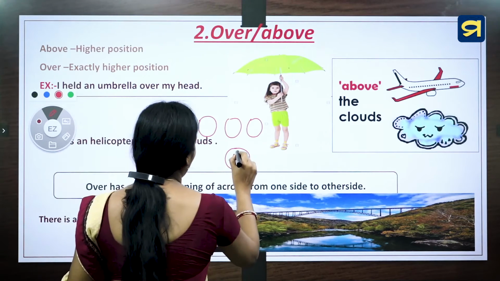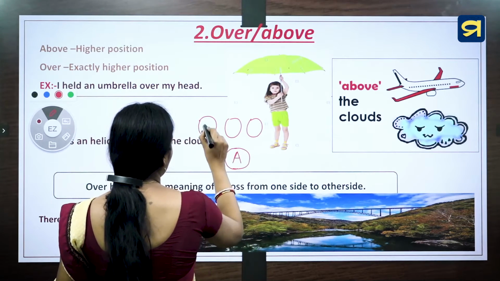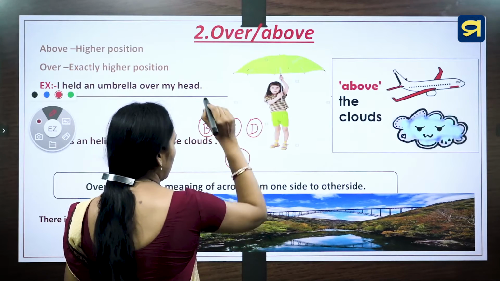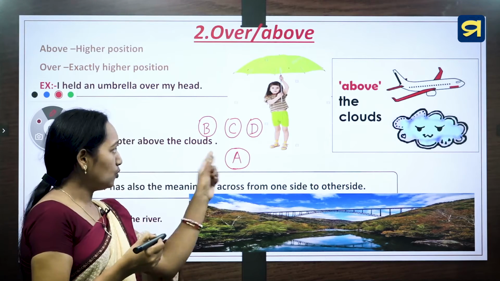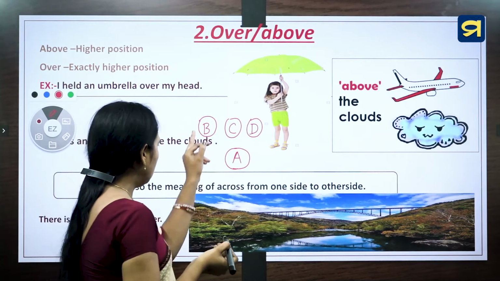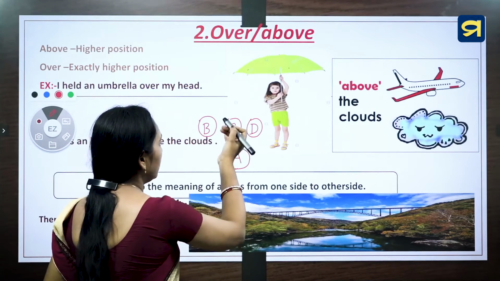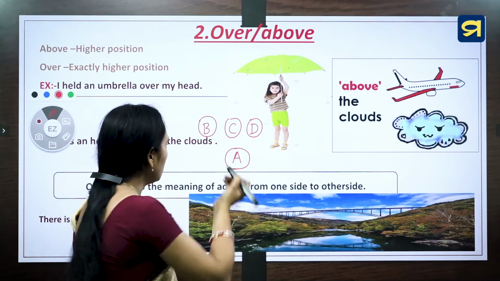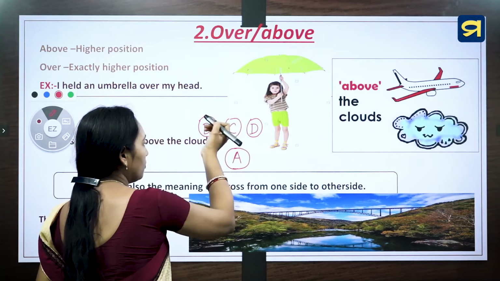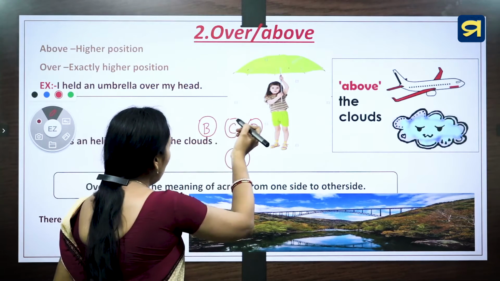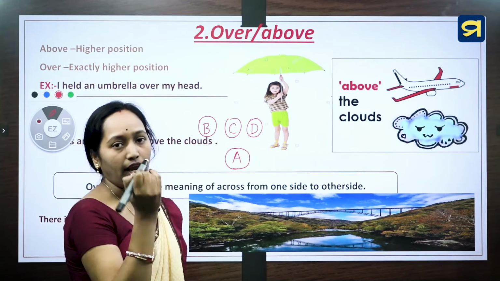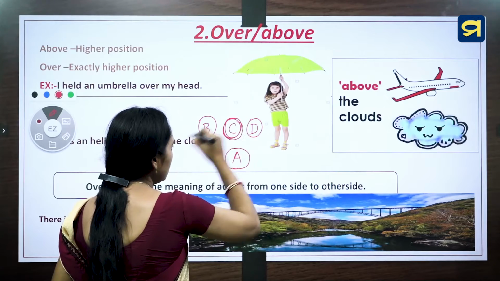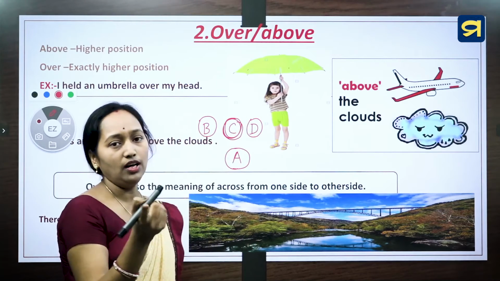This is your ball A, B, C and D. So students, look at this picture. These three balls are at a higher position than ball A. So we can say ball B is above ball A, ball D is above ball A, but ball C is over ball A.